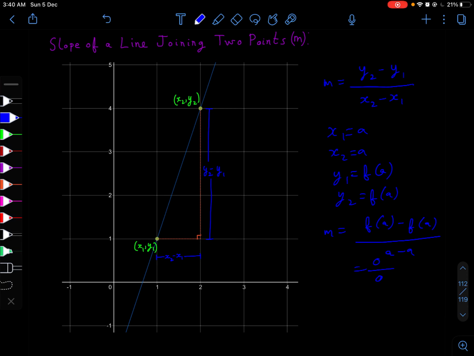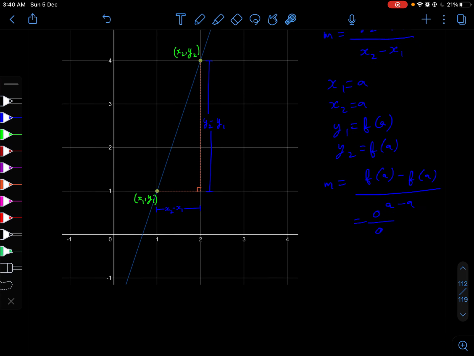So the approach to finding the slope at one given point is that we can fix one of these points and then move the other one towards it, and we can also fix x2 comma y2 and move x1 comma y1 towards it, and see how the value of m changes when we do that.